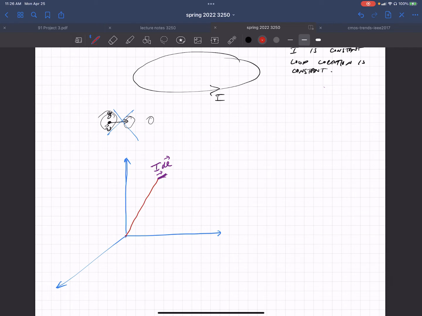Let's say R is the vector from the origin to this point. And then let's say we want to calculate the B field at another point, at this point. And let's say R prime is the vector from the origin to where we want to look.